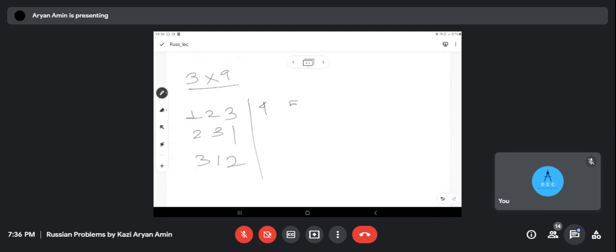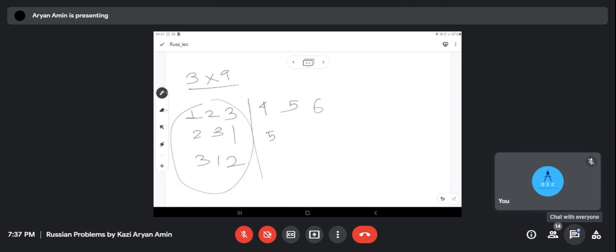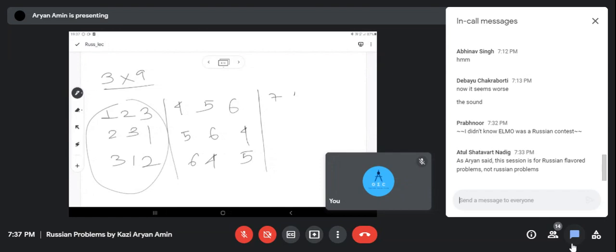Then we can switch to the proof of the bound. What we did for the 3 cross 3 case was stack something like this, and you do the same and just increase the value by 3: 5 6 4, 6 4 5, 4 5 6. And for the third block also you can do something like 7 8 9, 8 9 7, 9 7 8.